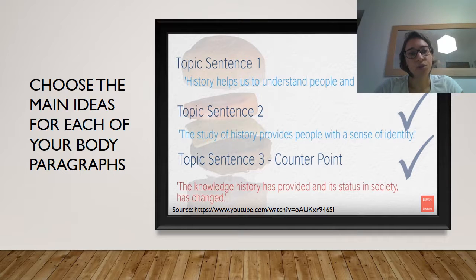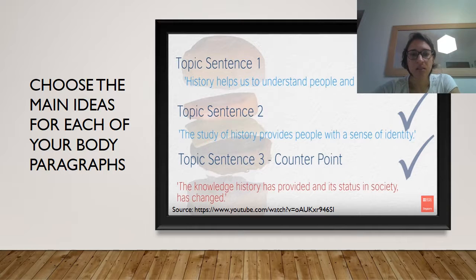Then you are going to choose the ones which are the strongest arguments, the ones which are more irrefutable, the ones that people would have fewer arguments against. So for example, topic sentence 1, history helps us to understand people and societies. It's quite hard to go against this topic.